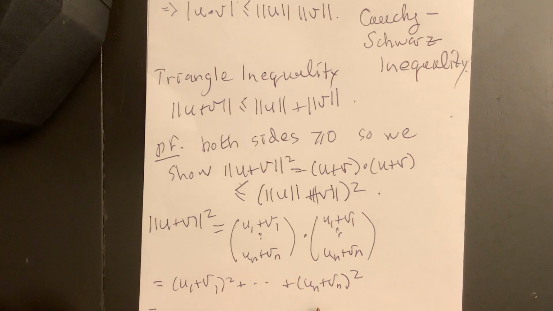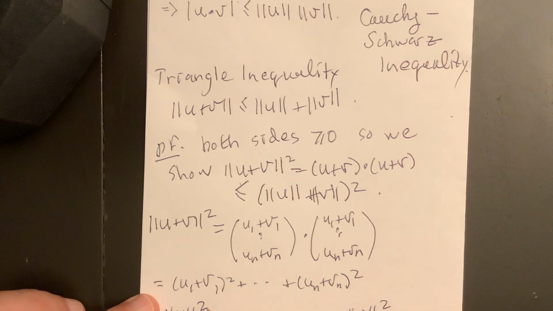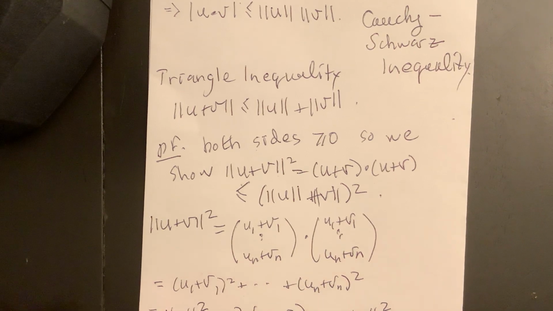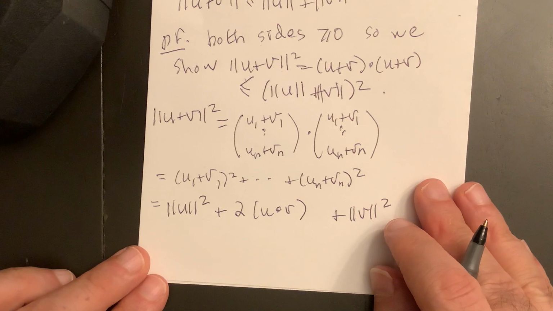This is equal to, you can see here, I get the u1 squared, the u2 squared, the un squared. So I get the length of u squared. I get the v1 squared, the v2 squared, so I get plus the length of v squared. And what do I get in the middle? This time I get plus 2u1v1 plus 2u2v2. So I have plus 2 u dot v.